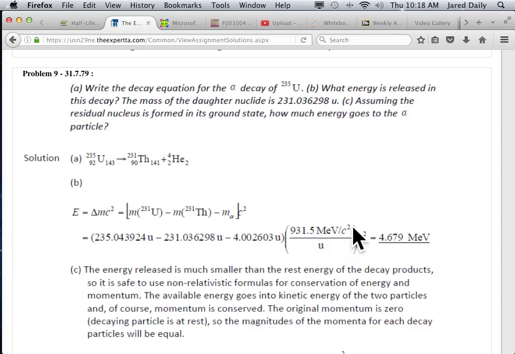I would use that as the unit, because it gives you a number where you won't have to do as much math. But you end up with 4.679 mega electron volts for the energy released during this decay.